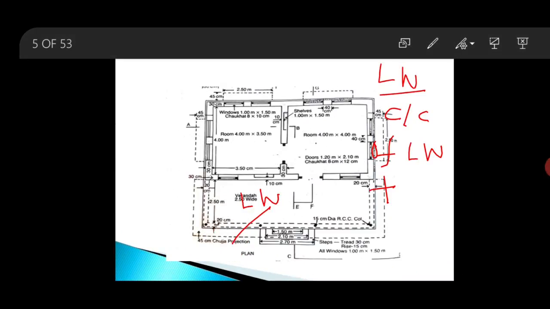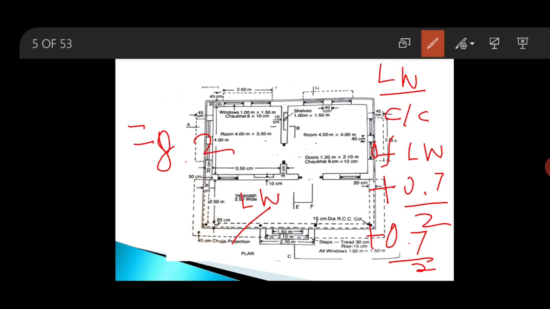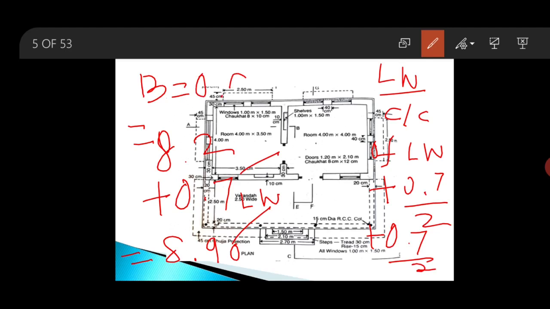Therefore, with the center to center length of long wall, we will add 0.7 by 2 on both sides. So center to center length of long wall of veranda is 8.2. With this, we will add 0.7 by 2 plus 0.7 by 2. That means 0.7. So which will give you length as 8.90 meter. So this is the length of the long wall. So breadth of the excavation will be 0.7.